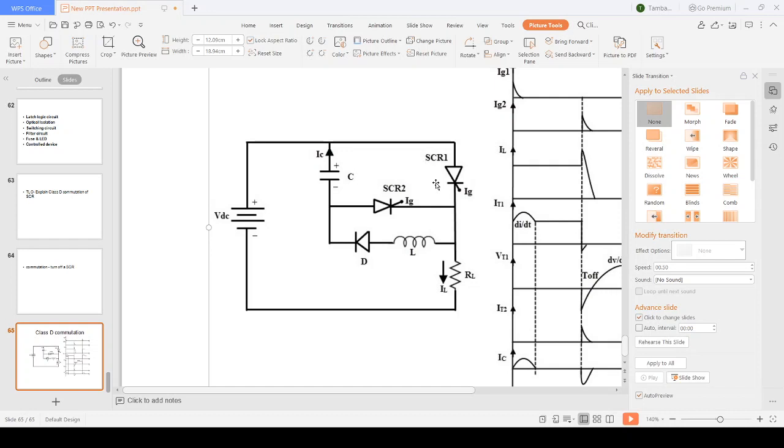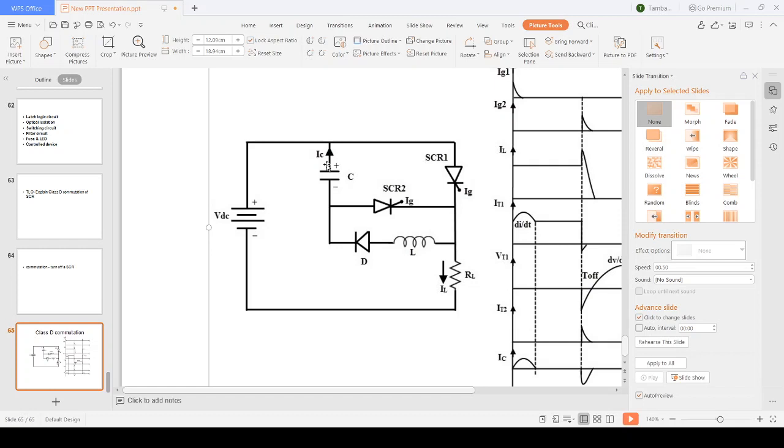The voltage across SCR1, the main SCR, is nothing but Vc, as the capacitor is connected across SCR1 throughout this mode.